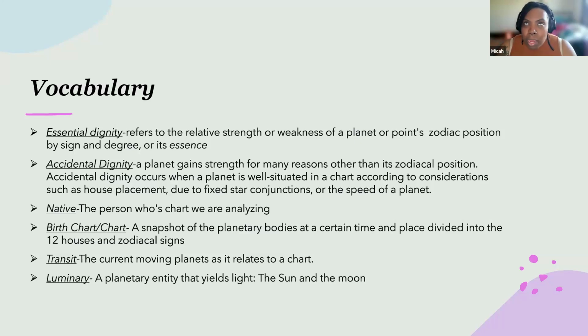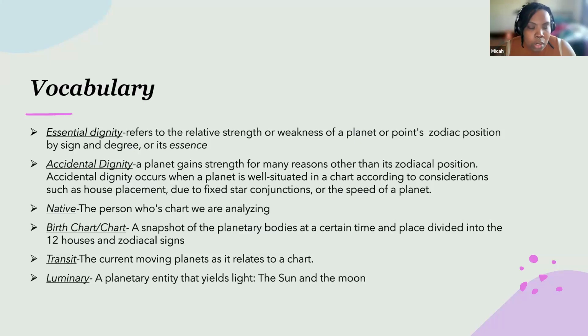Since we will be covering birth charts and transits in this lesson, I'm making that differentiation. If I call it a birth chart, then we're talking about the person. If we're just calling it a chart in general, I'm probably talking about everything, but in particular the transit. And then we have transits, and then a luminary.